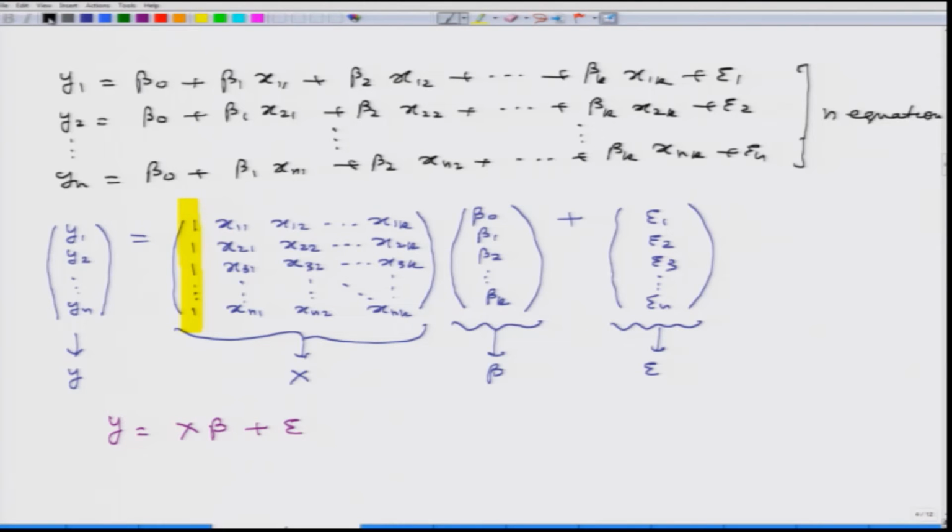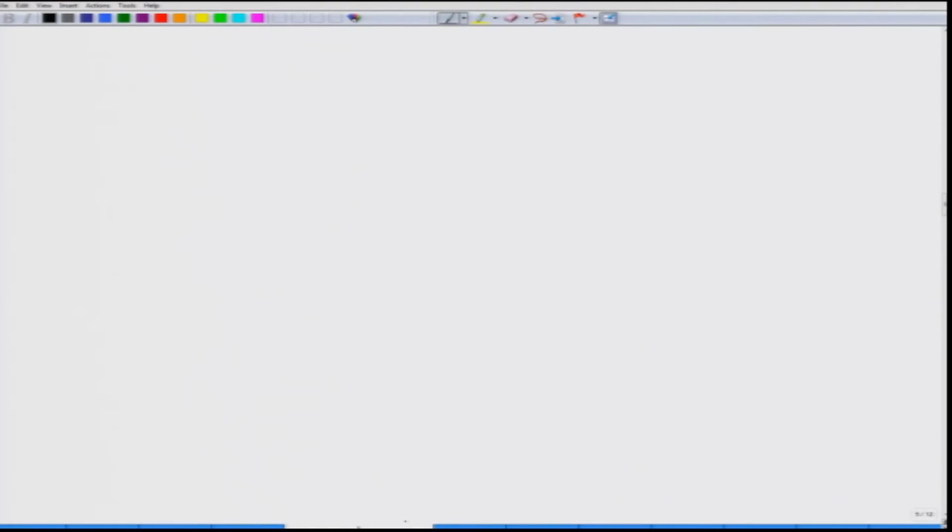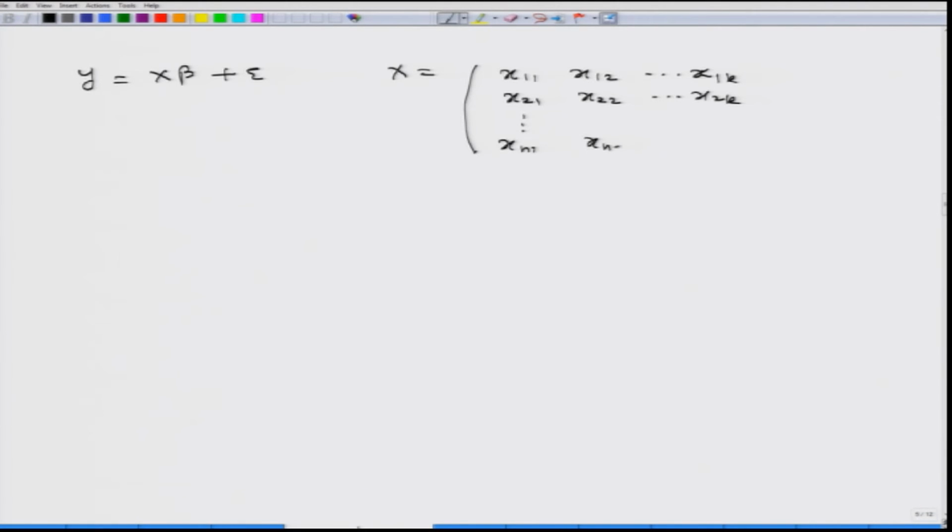This can be made a little bit more general, that I can write my model in general as y is equal to X beta plus epsilon, where I can say that X is going to be x11, x12, x1k, x21, x22, x2k, xn1, xn2, xnk.